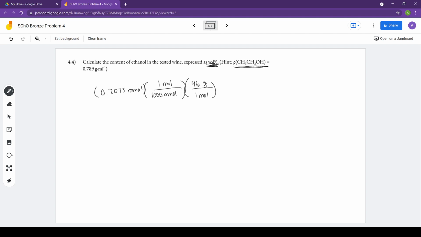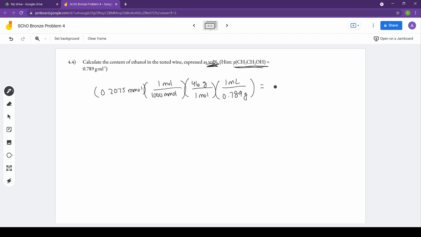But now I want it in volume percent, so let's instead convert this grams to volume, and that's where density comes in. It tells us that it's 0.789 grams per milliliter. If I rewrite that, I get 1 milliliter over 0.789 grams, and as you can see, I'm just using dimensional analysis. These units will cancel out and give us milliliters at the end. So if you go out with this calculation, I then converted from milliliters to microliters because the milliliters was in scientific notation.